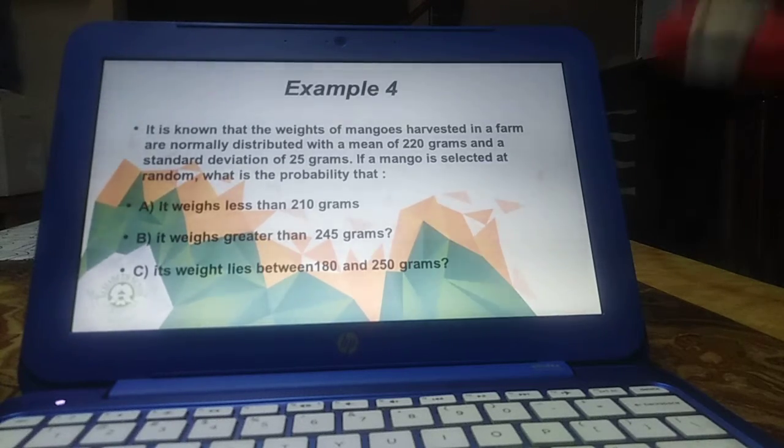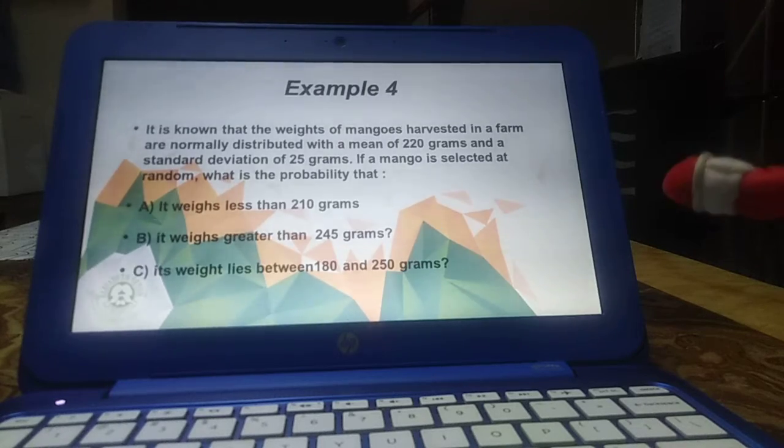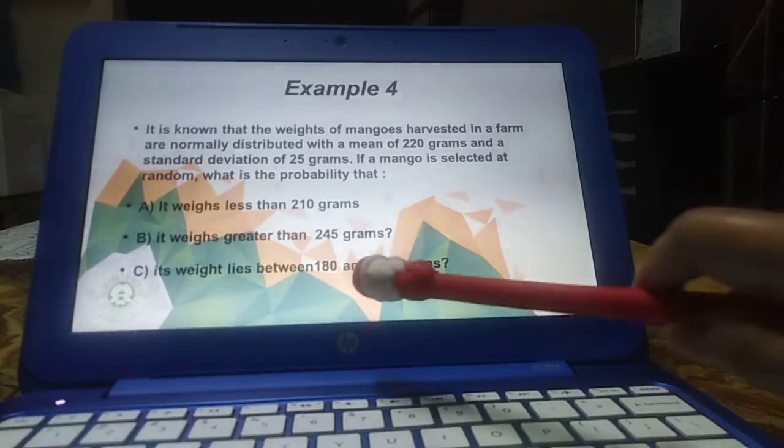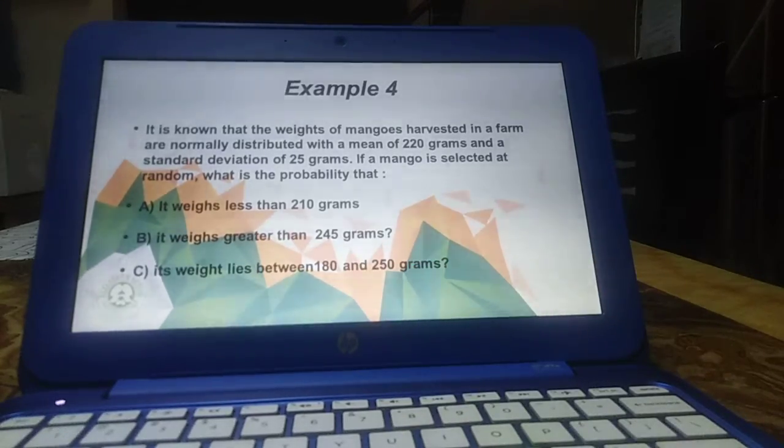For letter B, since we're looking for greater than, we solve for the z-score, get the area from the Z-table, and subtract it from 1. 1 is the total area of the whole curve. Whatever is the difference will be our probability, which we can change again to probability. For letter C, we have to compare the z-scores and the areas of the two.